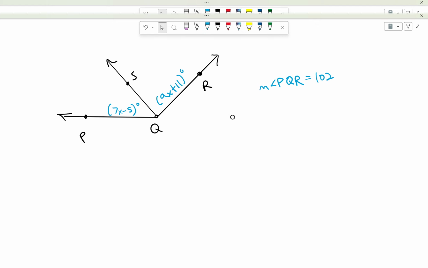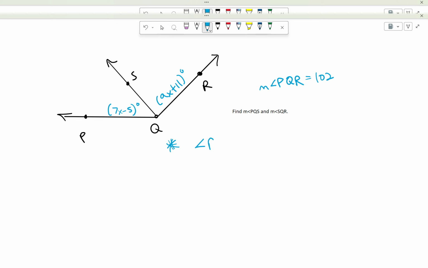What we are going to be given are the instructions to find the measure of angle PQS and the measure of angle SQR. So through angle addition, we'll be able to write the angle addition statement. This is mandatory right here.